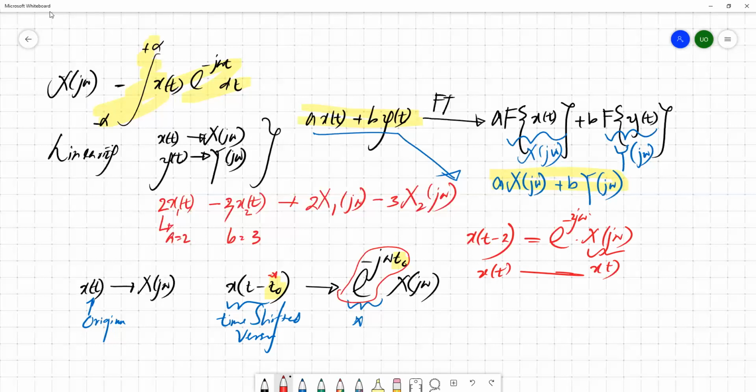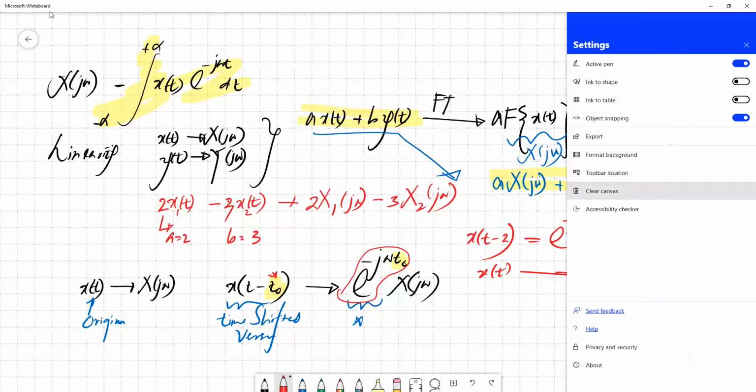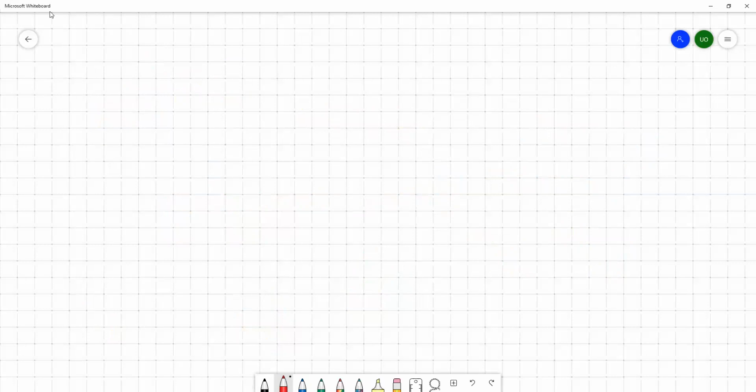The third is the conjugate symmetry. So if you have a function x(t), and you are asked to find the conjugate of x(t), its transform is X conjugate of minus jω.